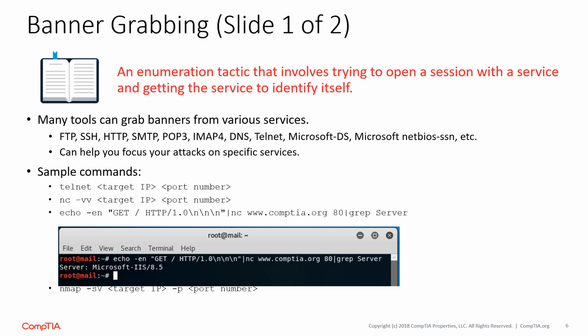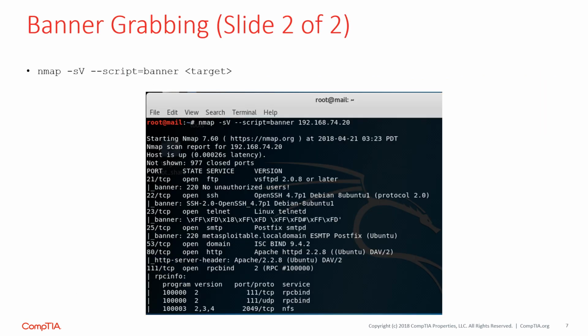Acquiring these banners can help you focus your attacks on specific services. Below, here in the slide, are some examples you can use to banner grab. After issuing this command, the service will either respond with information about itself or wait for more input from you. I have here a screenshot of banner grabbing using Nmap.